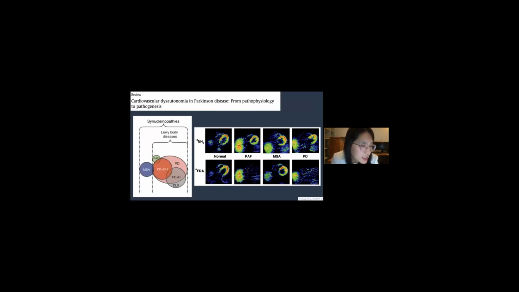Lewy body diseases include PD, pure autonomic failure (PAF), and dementia with Lewy bodies. And the majority of MSA is a non-Lewy body form of alpha-synucleinopathy that involves alpha-synuclein deposition in glial cytoplasmic inclusions, although a minority of MSA patients still have Lewy bodies.